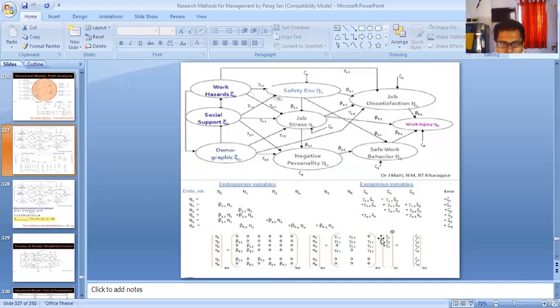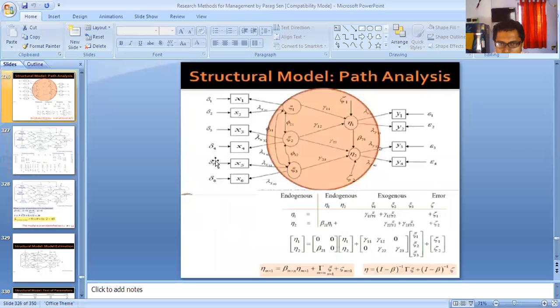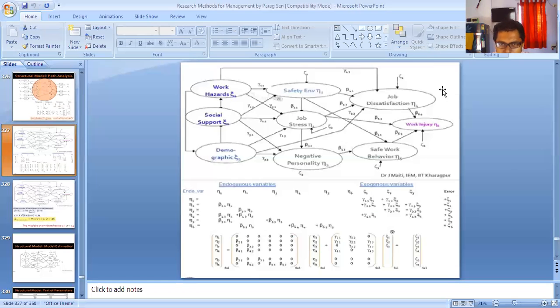I have already explained it in the earlier class, but I took a different example for that. Here another example is given where there are 9 variables.